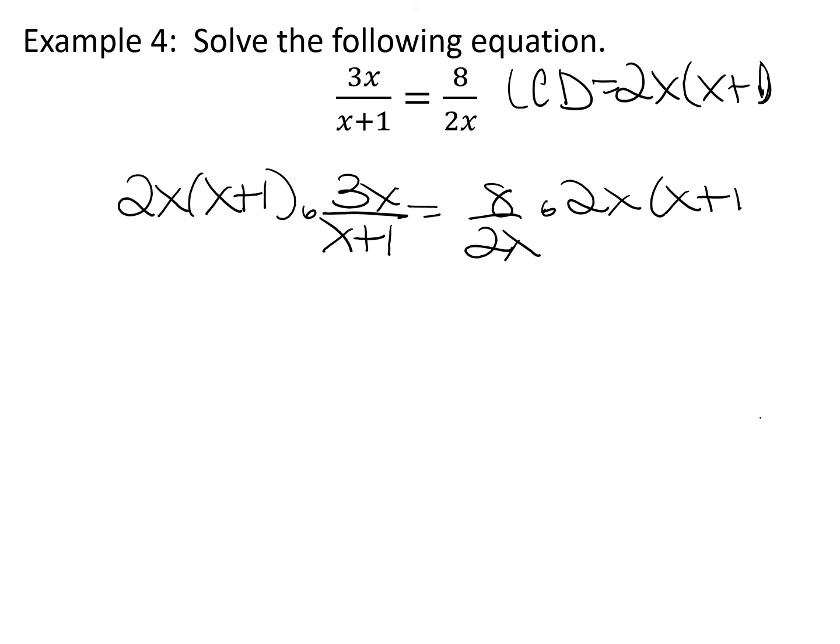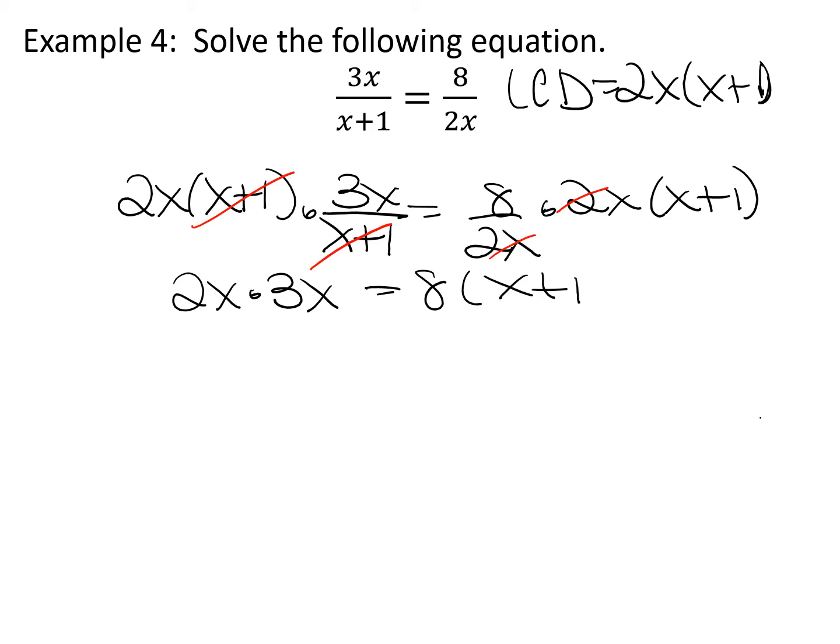Okay, so when I do this and I cancel, I end up with 2x times 3x is equal to 8 times x plus 1. So 2x times 3x is 6x squared is equal to 8x plus 8.